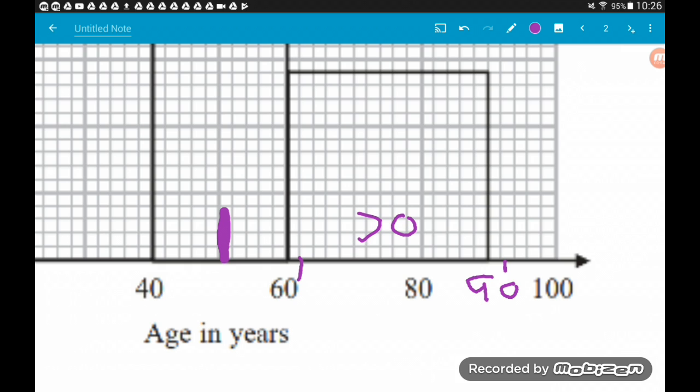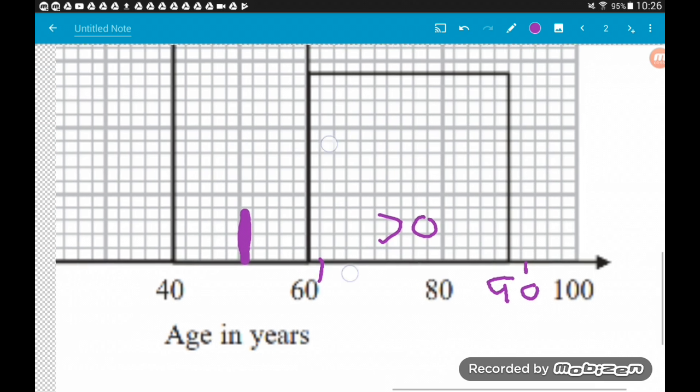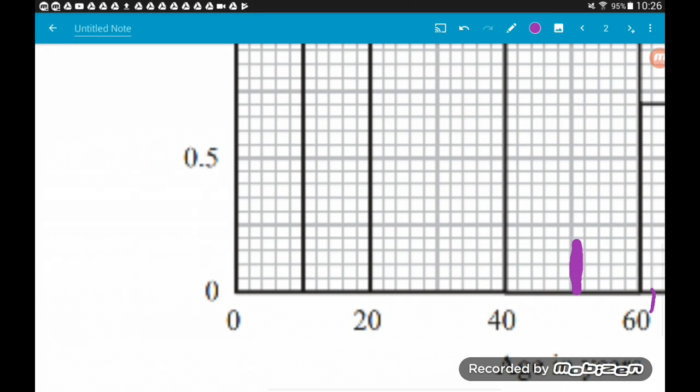Now we need to work out what the frequency density is. So let's go across to the side and work out our scale. 10 little squares is 0.5. That means every 2 little squares is 0.1.